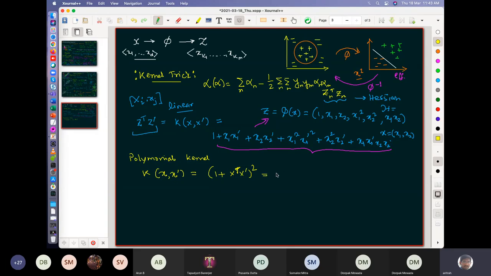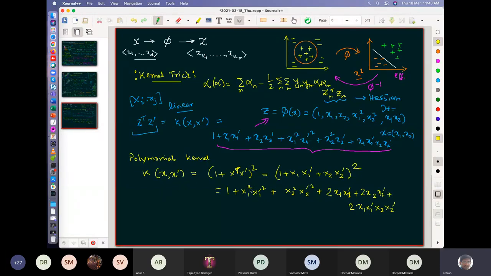So if you know that, then obviously you can compute this, which will be x2 dash plus 2 into x1 dash x2 dash.